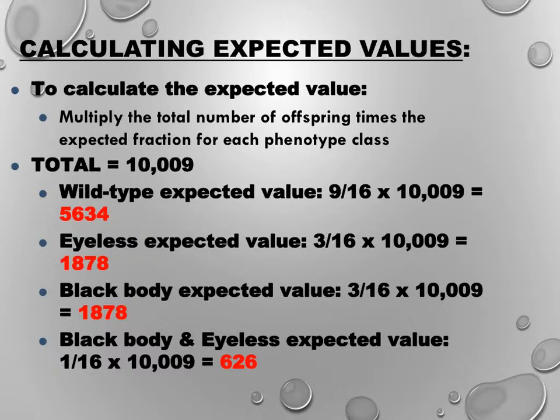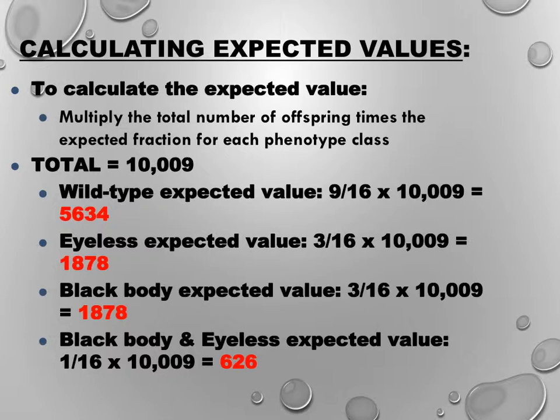So this slide just goes over pretty much what I just talked about on the last one. This is how you would calculate your expected value. So again, your total fly population is 10,009. To figure out your wild type population, because we've run the Punnett square, we know that 9/16 of our cross should be wild type. It would be 10,009 times 9/16, which would give you 5,634 flies.